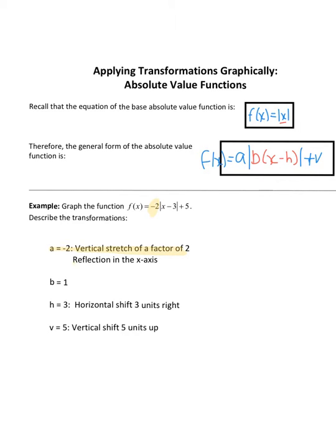But because there is a negative in front of that a value, there is a reflection in the x-axis. b is 1 because there is no number being multiplied to x minus h inside the absolute value bars. h is 3, so there's a horizontal shift 3 units to the right. And v is plus 5, so there's a vertical shift 5 units up.